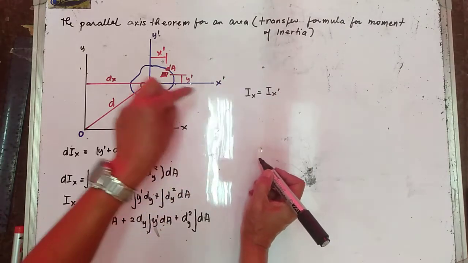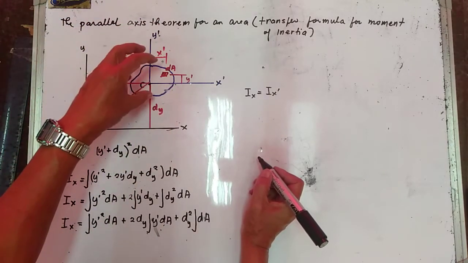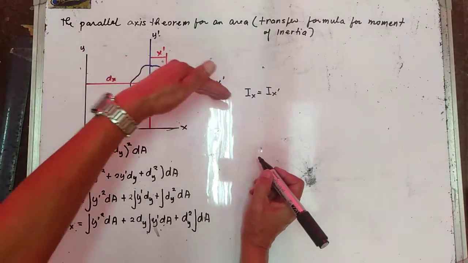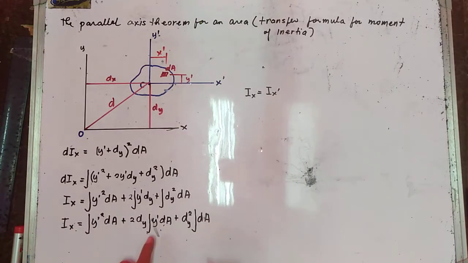Or in other words, that is the moment of inertia of this figure about this area with respect to the centroidal axis. Now, the integral of y prime dA is equal to bar y multiplied by A.